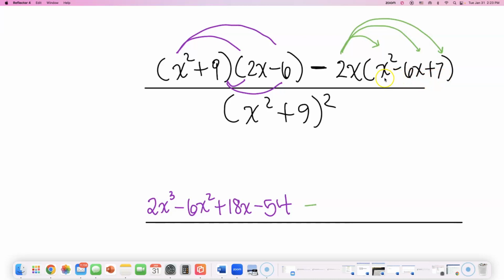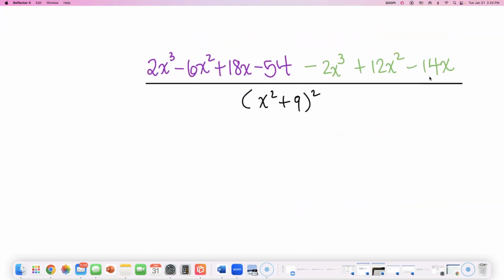So x squared term, that's going to be negative 2x to the third power. And look at this one. Negative times negative is going to give you plus 12x squared. And negative 2x times 7 is minus 14x all over that old denominator of x squared plus 9 squared.